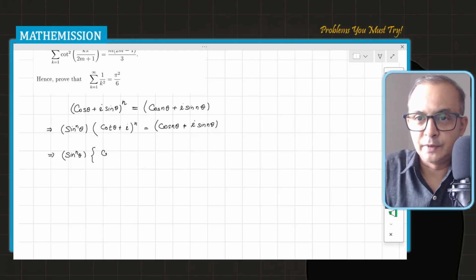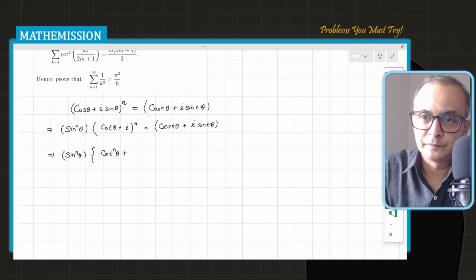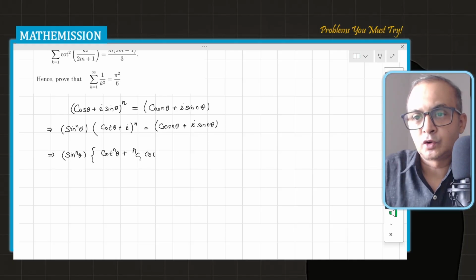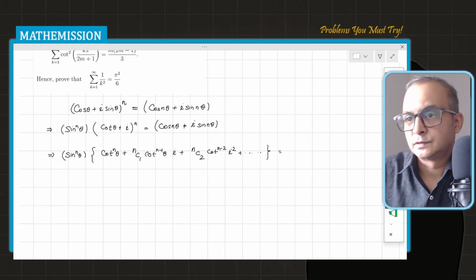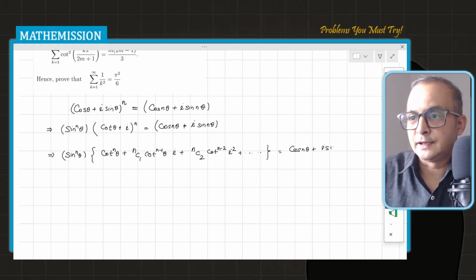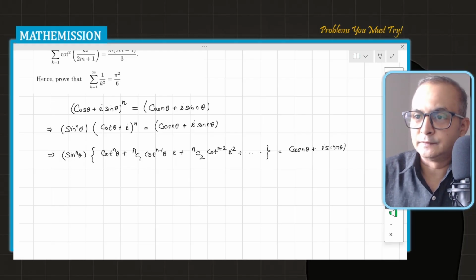The first term will be cot to the power n theta, then nC1 cot to the power n minus 1 theta i, plus nC2 cot to the power n minus 2 theta i squared, and so on. I'm not writing all the terms. So this will give you cos n theta plus i sine n theta on the right hand side.